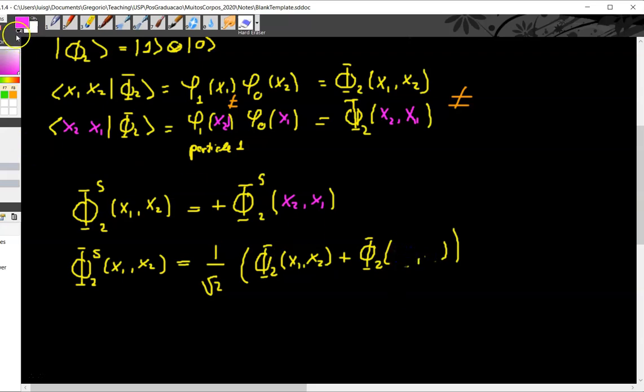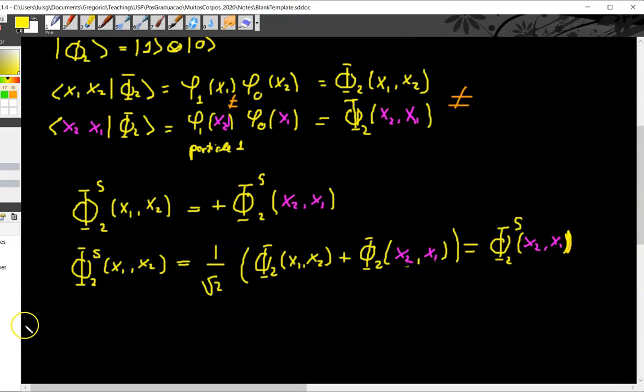So this is 2 and this is 1. So that will give me, this is of course going to be equal to phi 2 S when I exchange the particles, right? Because if I exchange the particles here, this one goes into that, this one goes into this, and everything is the same.